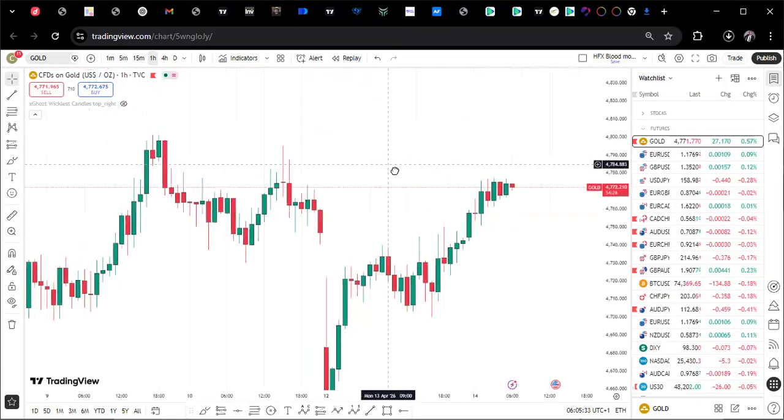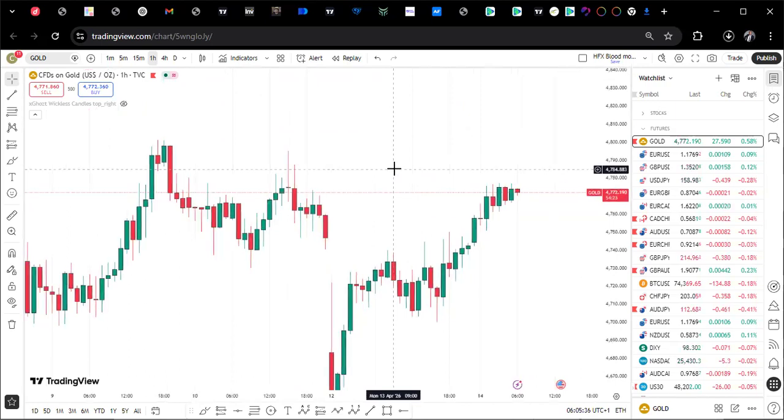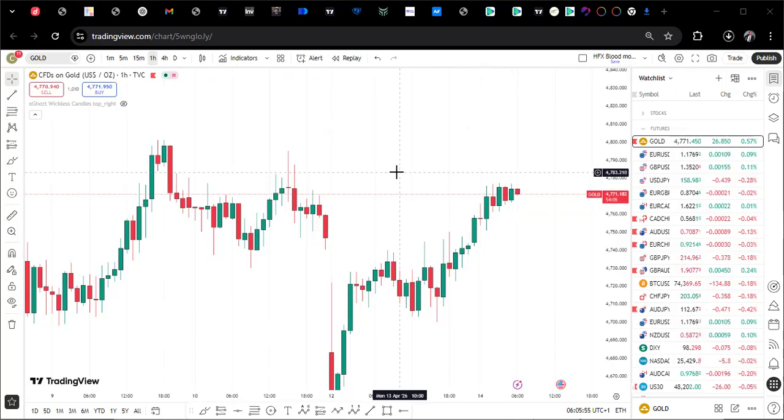What moves the market majorly are liquidity grabs, right? Liquidity grabs. So now what we want to understand in this session is chart analysis, what drives the market, how to get good entries.